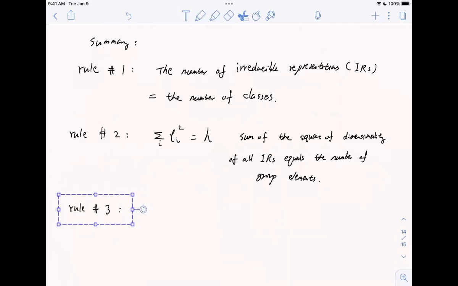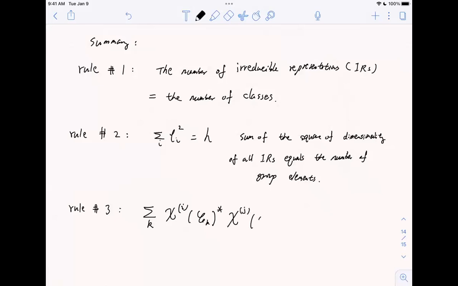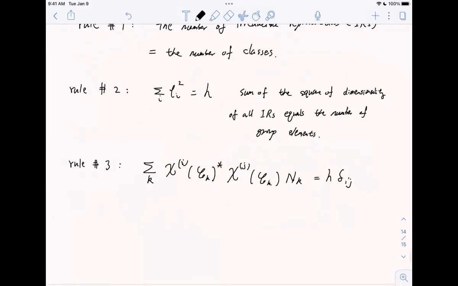Rule number 3 is the orthogonality relationship: sum over k, with chi i of k and chi j of k, and then here you have an Nk. So you have h delta ij.